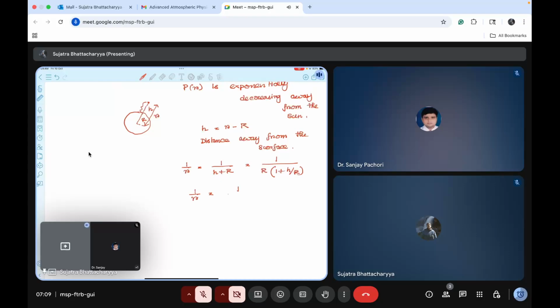Now, 1 by r as it is, can I write it like this? This is just a step of binomial expansion, neglecting higher order terms.